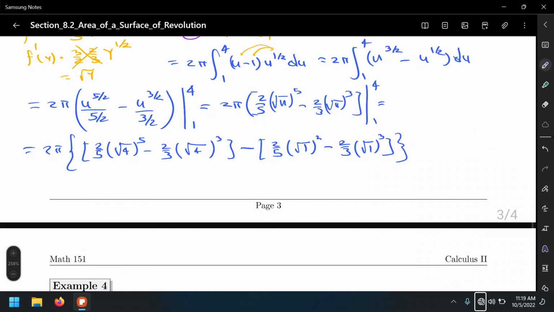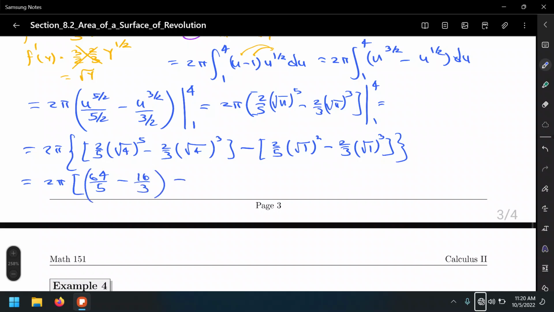Well, the second term is really easy to simplify. That's just the square root of 1 times whatever coefficient, but first let's do 2 pi. The square root of 4, which is 2, to the 5th power is 32. 32 times 2/5 gives us 64 fifths, minus the square root of 4, which is 2 cubed, that's 8 times 2, 16 thirds.